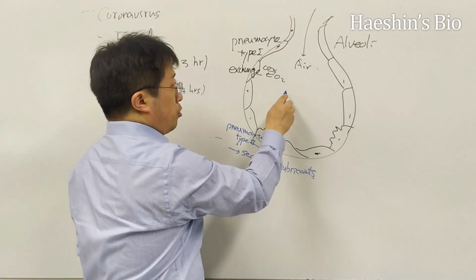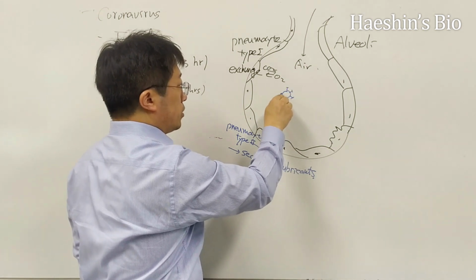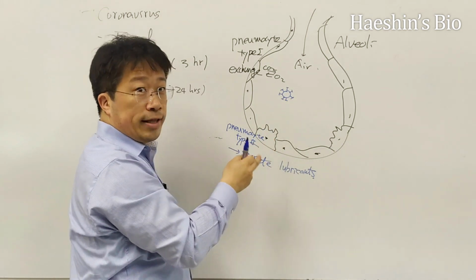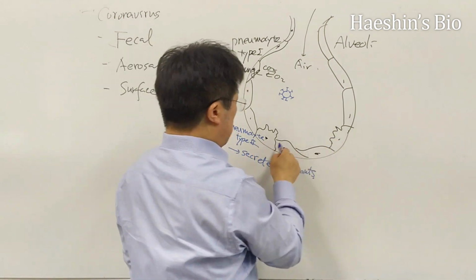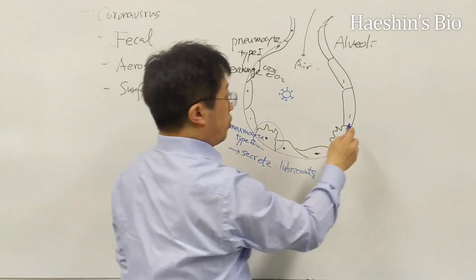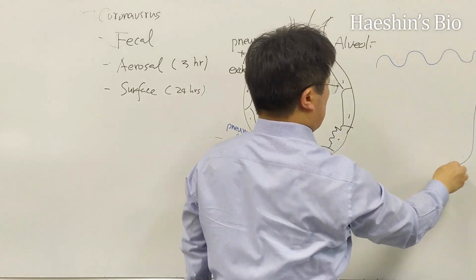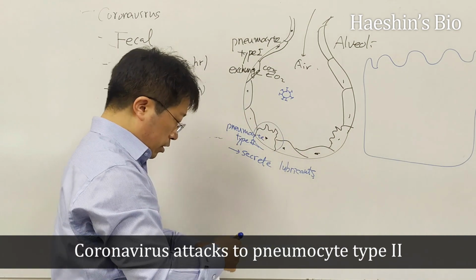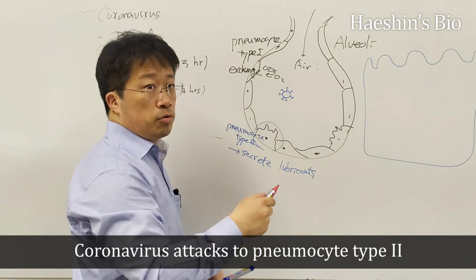So when the coronavirus comes in here, they actually attack pneumocyte type 2, not type 1. If I draw this cell in here, this pneumocyte type 2, for example, at the surface of the pneumocyte they have a very specialized protein.